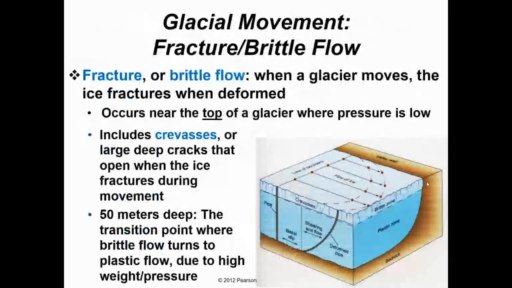Okay, a couple other things about this picture before we move on as it relates to movement. I want you to look at these red dots. The red dots represent the tops of pipes that have been drilled down through the glacier into the bedrock directly beneath it.